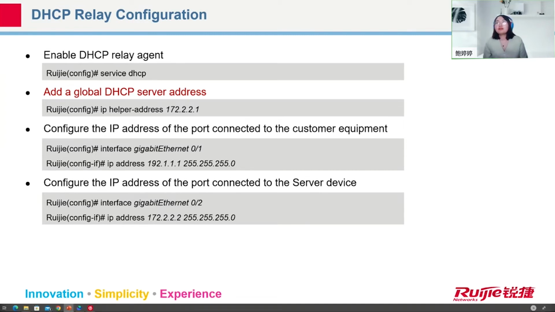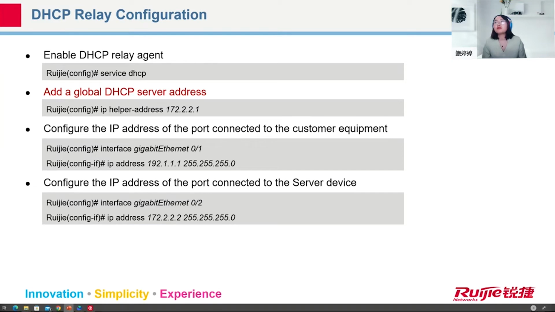The command is the same as DHCP server, service dhcp. You only add this command on the device, then when I receive the message from the client, I can de-encapsulate the message and recognize the details, and then convert it to a unicast message and send it to the next step.